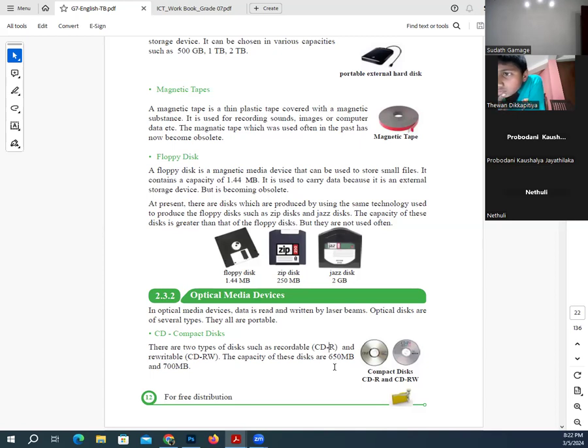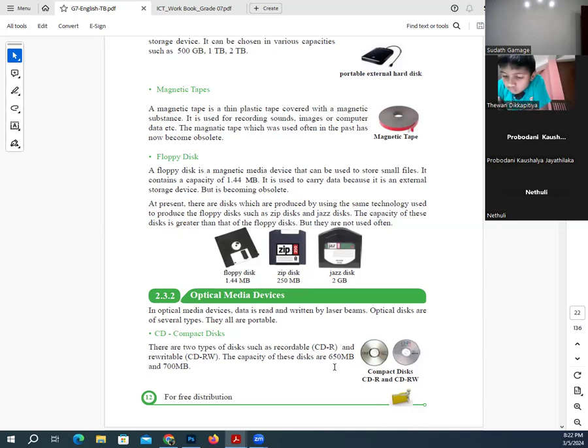That is recordable, but once it is recorded, it can't be recorded again. That means we can't record data again and again. So that is recordable, CDR.